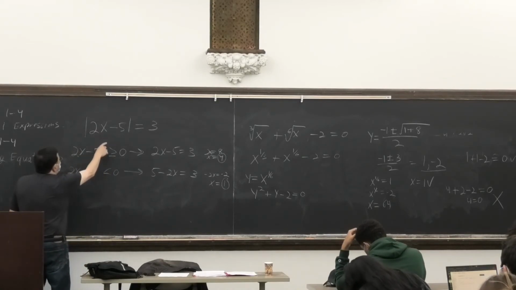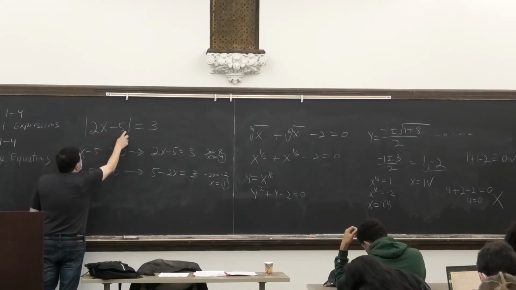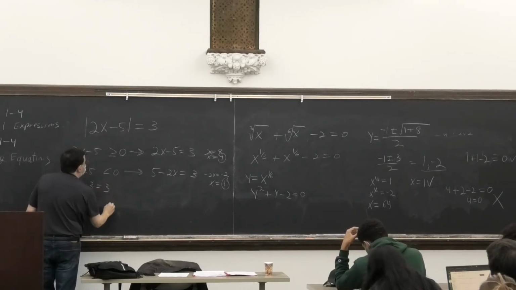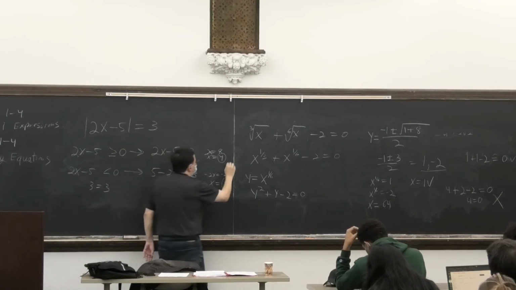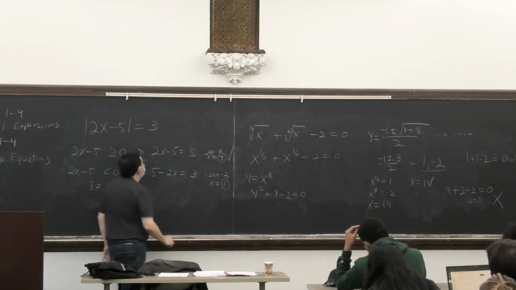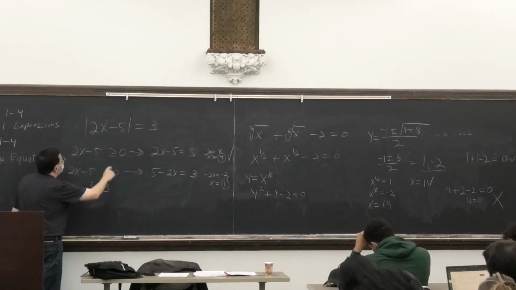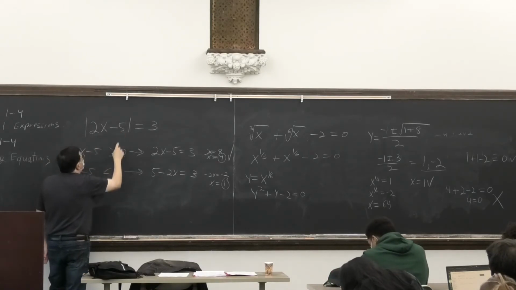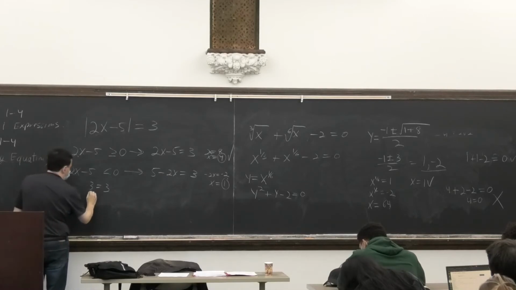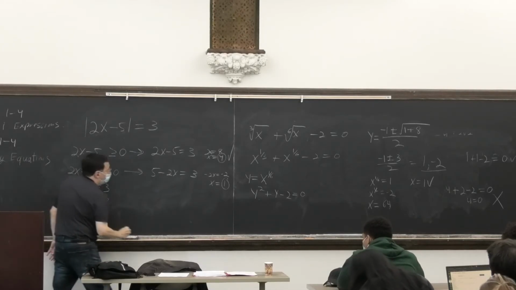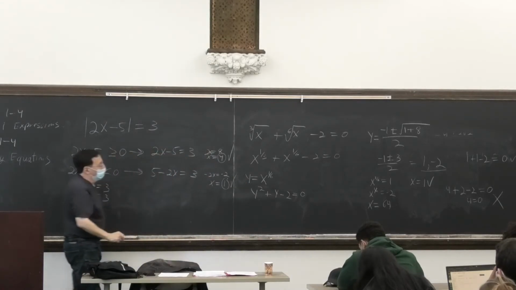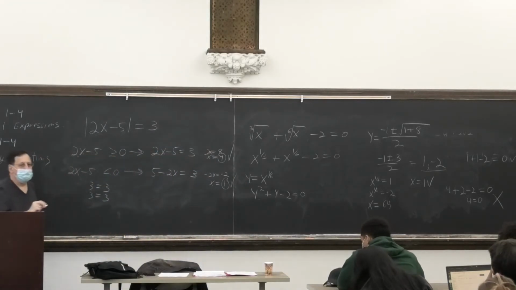Plug in 4 first. 8 minus 5 is 3. 3 equals 3. All right, good. Let's plug in 1. 2 minus 5 is minus 3. It's 3. Okay, so in this case, they're both good. You want to check.